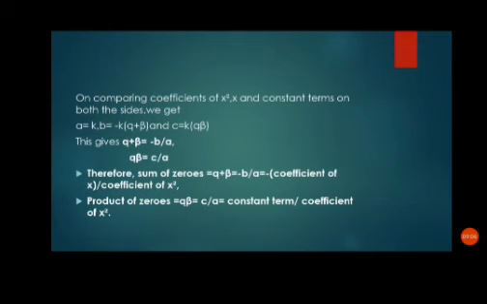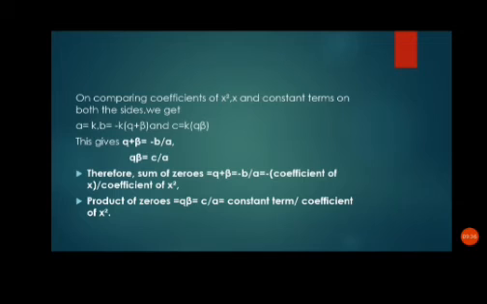on comparing coefficients of x square, x and constant terms on both sides, we get a equals k, b equals minus k(alpha plus beta) and c equals k alpha beta. This gives alpha plus beta equals minus b by a and alpha into beta equals c by a.